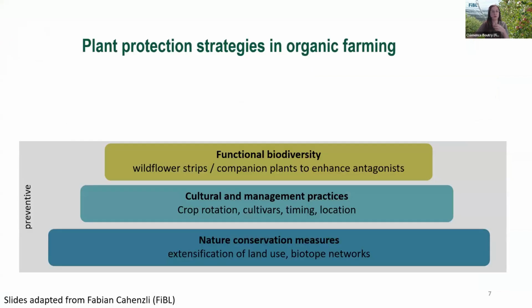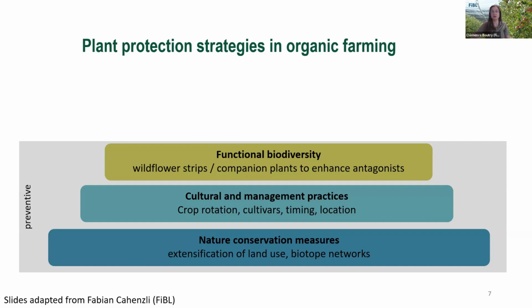Now we go to the block on plant protection strategy in organic farming. There is a pyramid. We always try to implement first preventive measures before we go on to the curative measures. So on the bottom, the base is nature conservation measures.